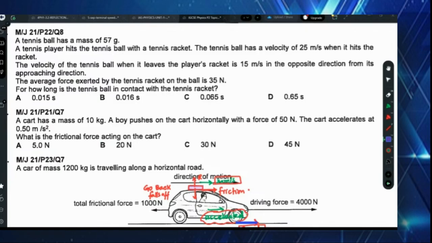Who will try, or who will help me to solve this question? Yes, hurry up. Is it C? Let me check. It's like impulse is equal to change in momentum. So final minus initial, and then basically we get the change in momentum. Good explanation.